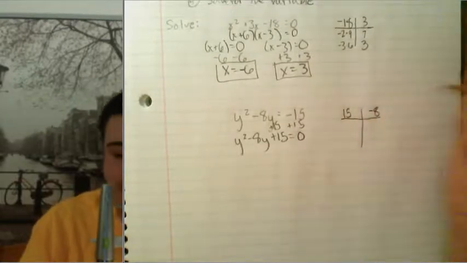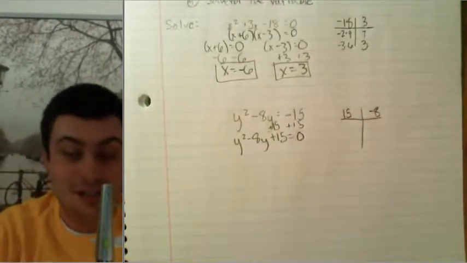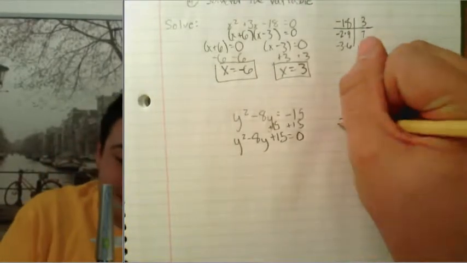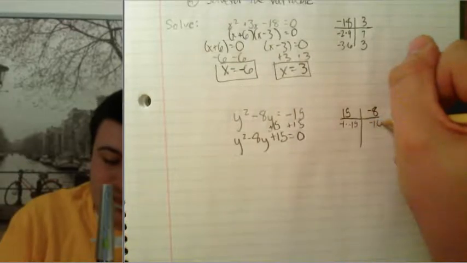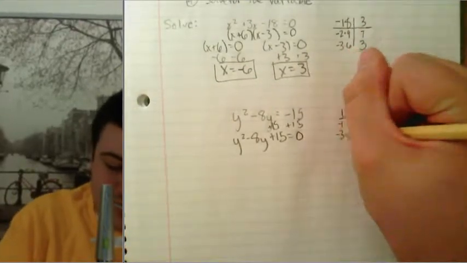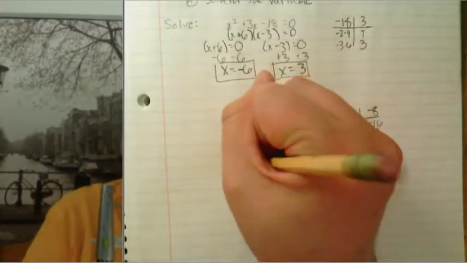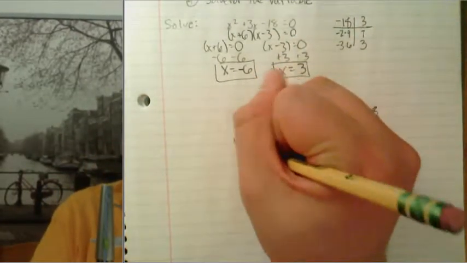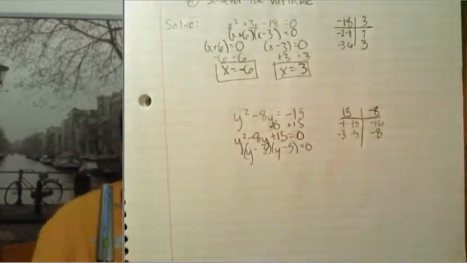Remember, if we multiply to a positive but add to a negative, we're going to have two negative factors. So let's see, some negative factors of 15: negative 1 times negative 15, but that adds to negative 16. But if we have negative 3 times negative 5, that gives negative 8. So we'll have y minus 3, y minus 5 equals 0.